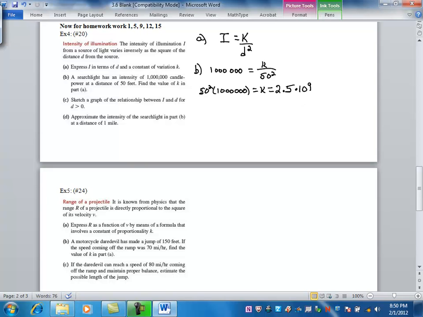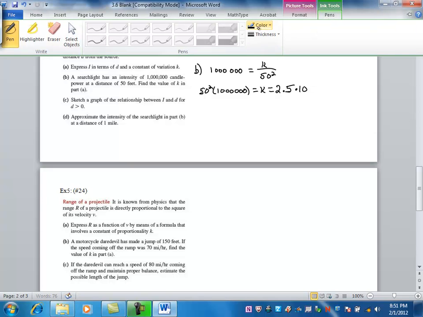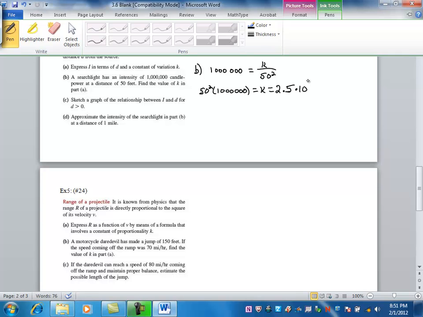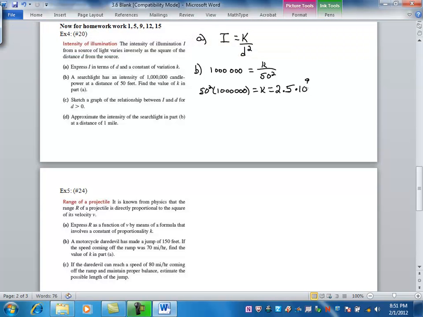Let me write that here where it's a little clearer to read.